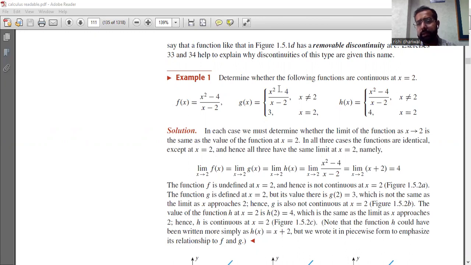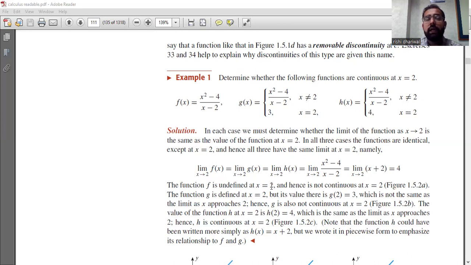Hence, all three have the same limit at x = 2. The limit as x approaches 2 of f(x) equals the limit of g(x) equals the limit of h(x) equals the limit as x approaches 2 of (x² - 4)/(x - 2). x² - 4 is (x - 2)(x + 2), and (x - 2)/(x - 2) cancels, leaving x + 2, whose limit as x approaches 2 is 4. That means all the functions have the limit 4 at 2.